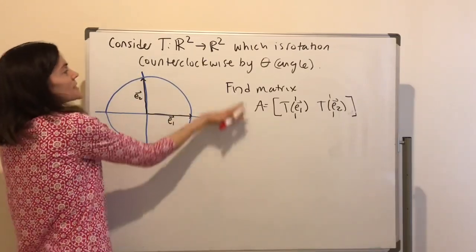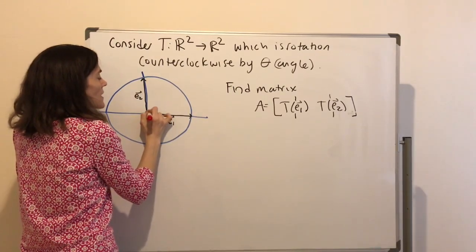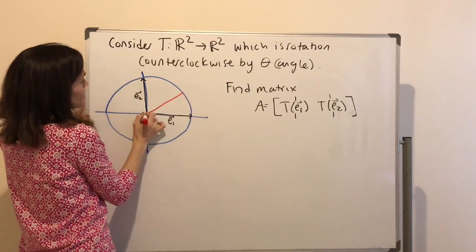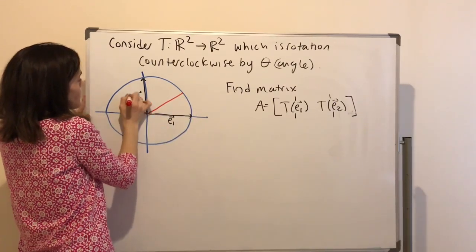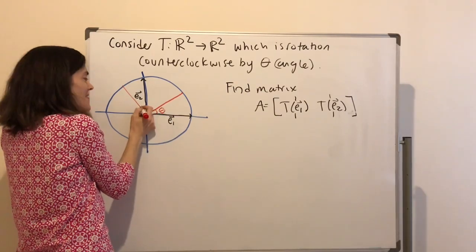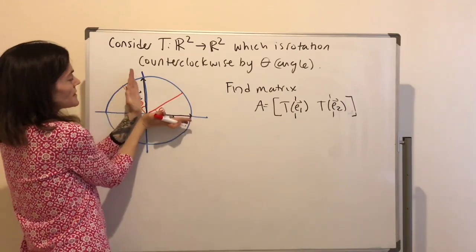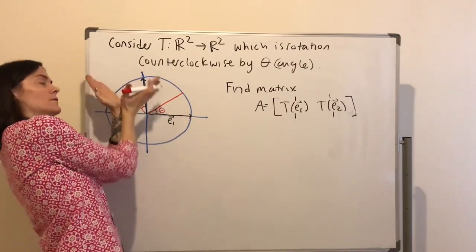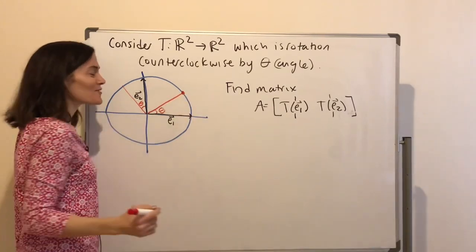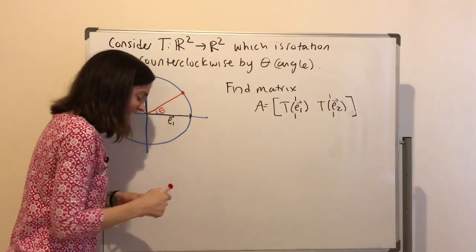Well, I'm rotating counterclockwise by theta. So here will be theta, and then also this one is going to move by theta. So this is theta. And this angle here is also theta, okay? This is what's happening, right? Well, who remembers? Hopefully we remember trigonometry.